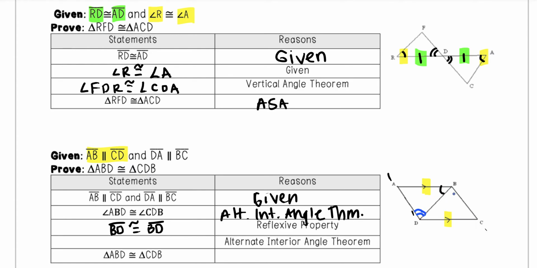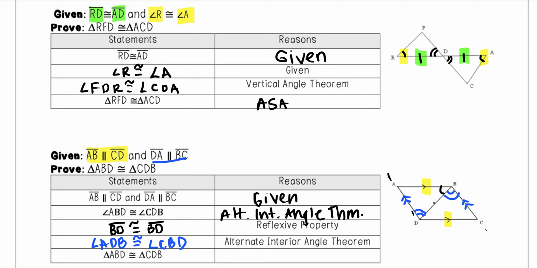So it was this angle and this angle, so we're going to say that angle ADB is congruent to angle CBD. Those were alternate interior angles over the other set of parallel lines. So remember that these were given to us in the given statement here. So then our last step is to say why these two triangles are congruent.